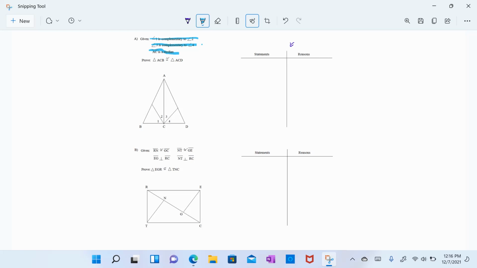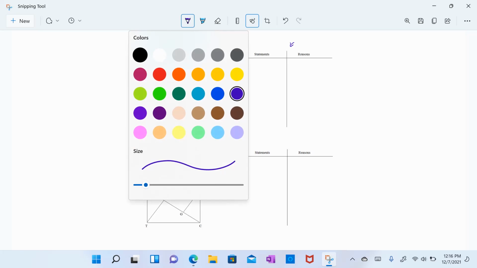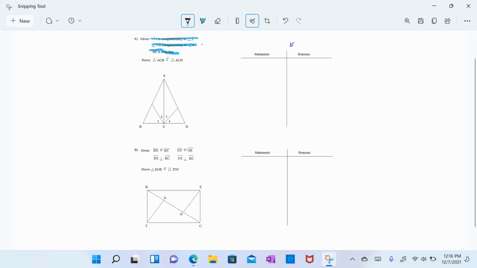So what does complementary mean? Well, we remember that when two angles are complementary, that means that they add up to equal 90 degrees. So we're going to write that under our statements. Angle 1 plus angle 2 is equal to 90 degrees. And the reason for that is that they're complementary.